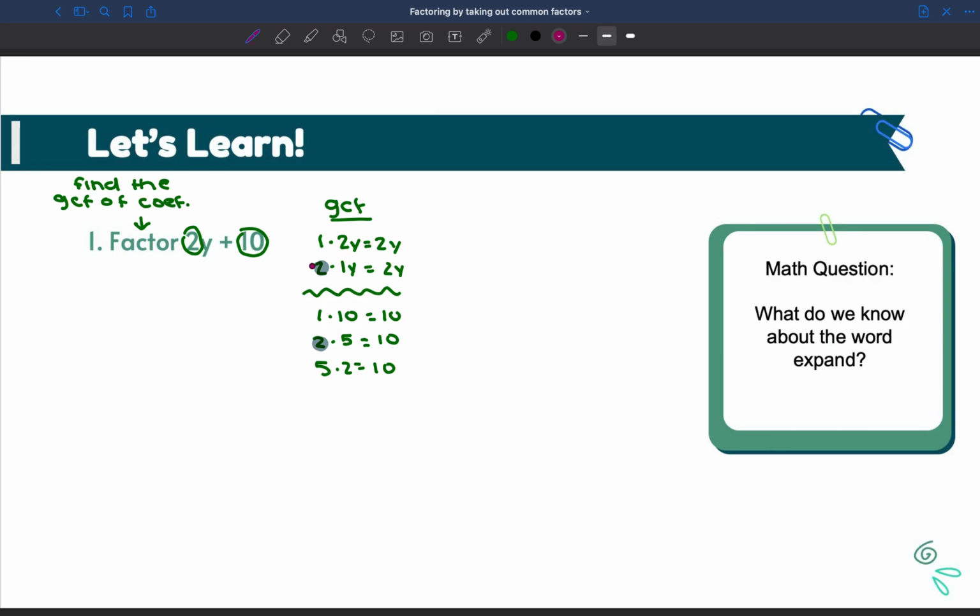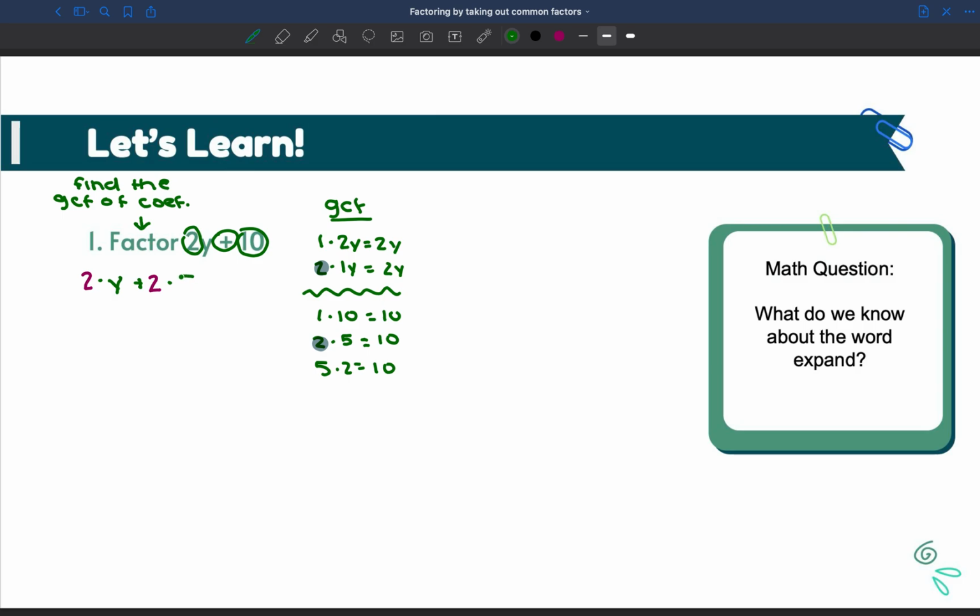So we know that 2 times y equals 2y, so we're going to write that 2 times y plus, because it was adding, 2 times 5, because our factor is 2.